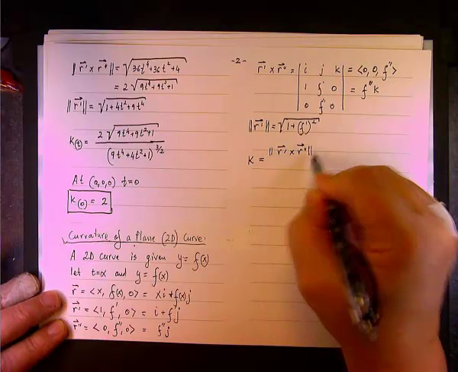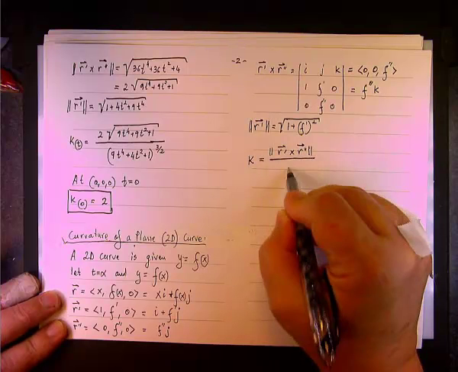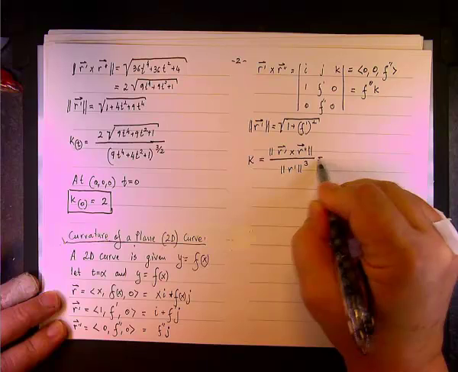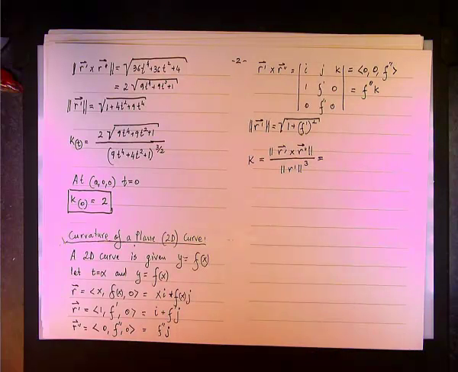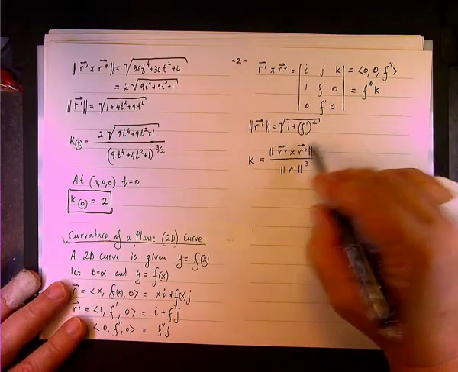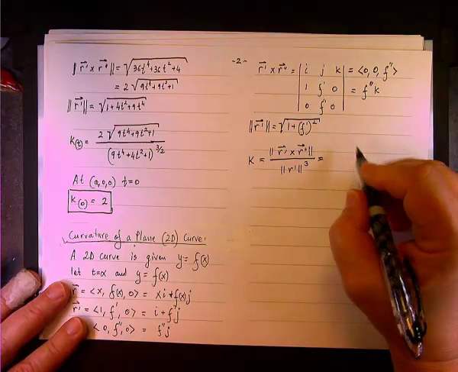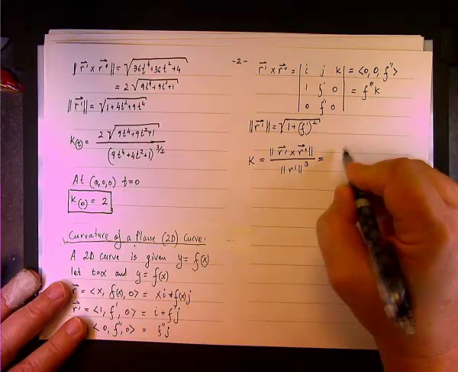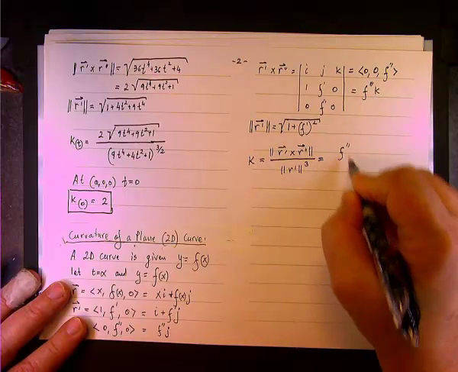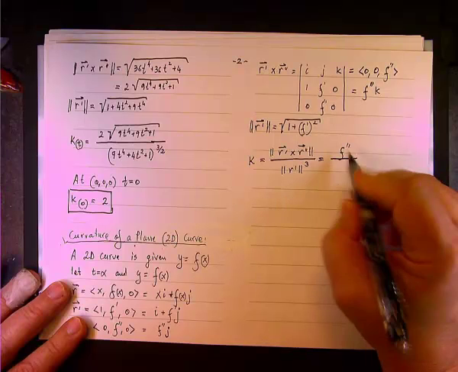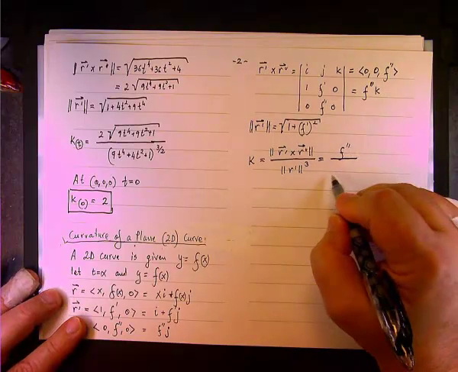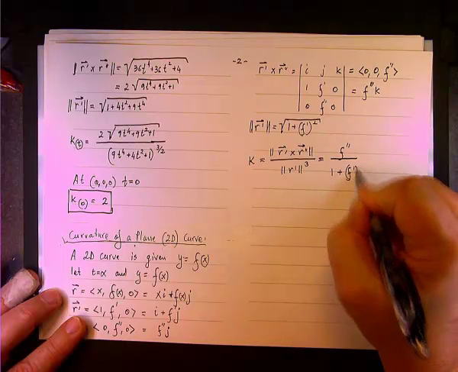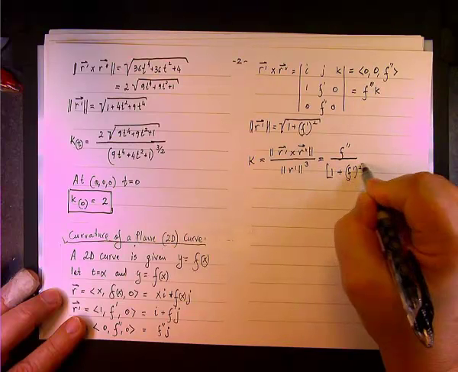Again, kappa is the magnitude of the cross product over the magnitude of r prime cubed. I'm writing it out even though you have it already, just to help yourself memorize it, if you like to memorize stuff. The magnitude of the cross product on top is simply f double prime, and remember, this is all a function of x.